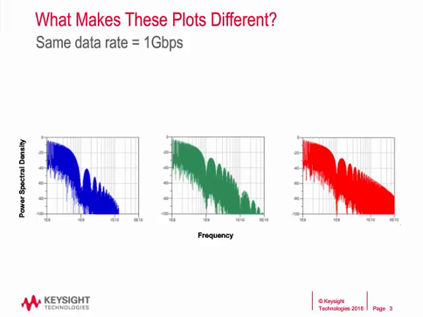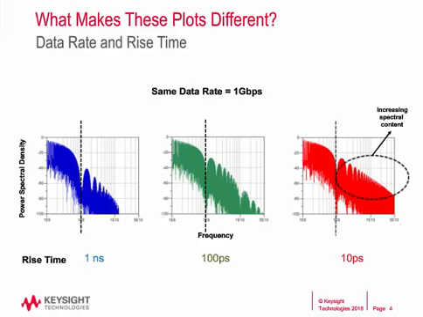Interestingly, the first null point of each spectrum happens at 1 gigahertz, that is equal to 1 over data rate. The spectral density changes by the rise time of the signal, not the data rate. From the plots, we can also find the higher frequency spectral contents grow as the signal rise time gets shorter.